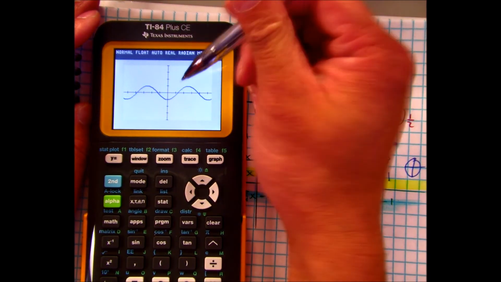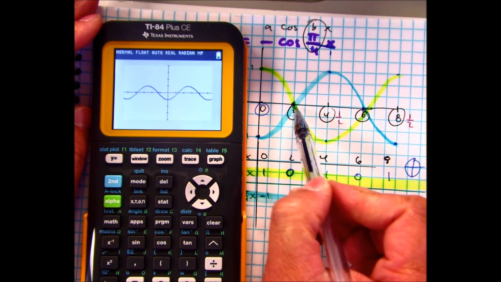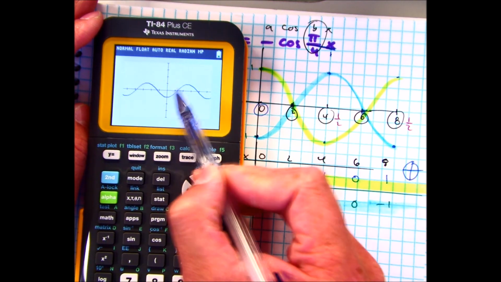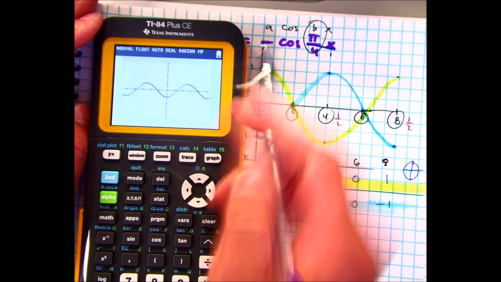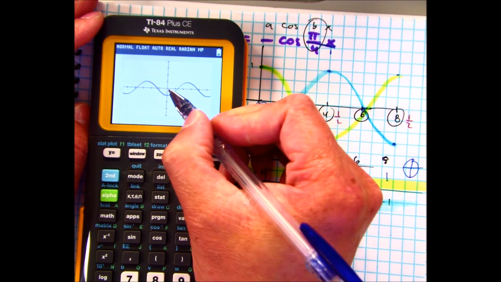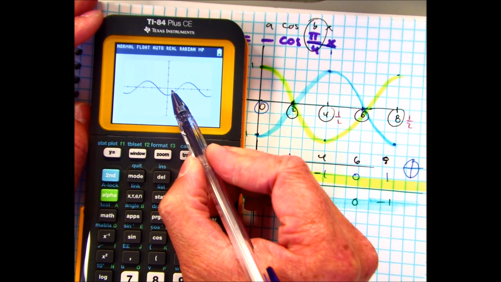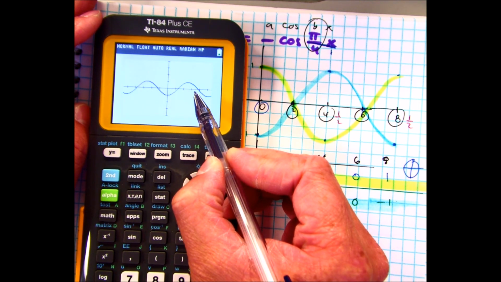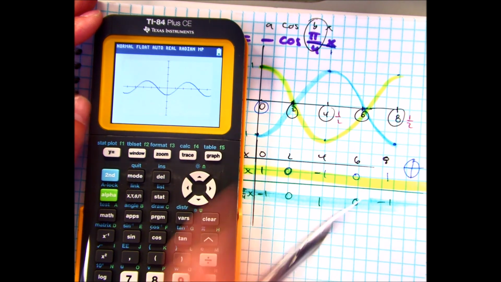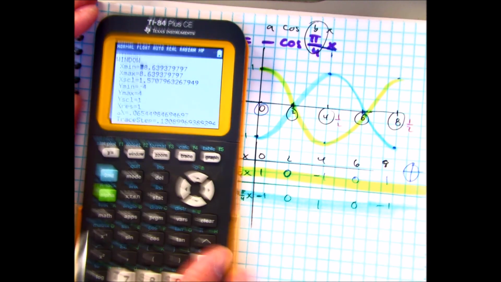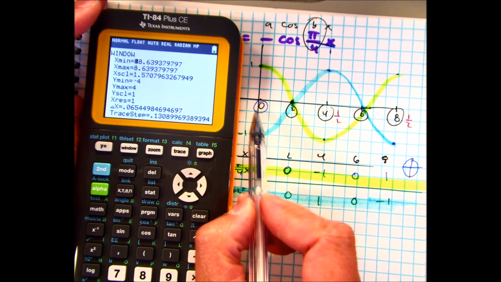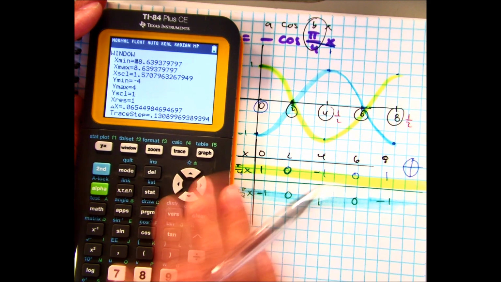So here, ours looks a little bit different because you're like, Mr. Ng, this goes through the x-axis or intercepts through that point. You might be asking how come that doesn't do that. It's because on zoom trig, you're actually at the quadrantals. So that's pi over 2, pi, 3 pi over 2, and 2 pi. So if you want to get it exactly like ours, I change my window. My x values are basically 0 to 8.